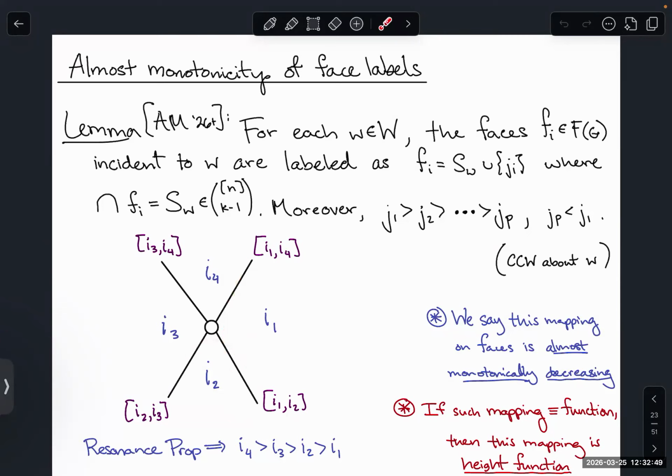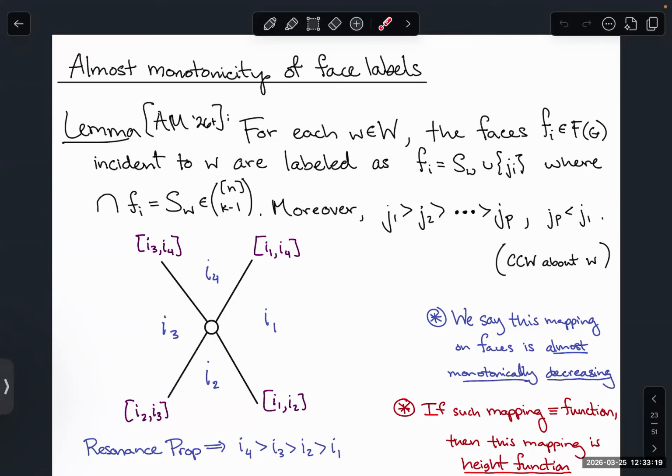So the singletons that are listed on my so-called faces in this local picture correspond to I1, I2, I3, and I4. And the resonance property says I4 has to be the greatest of these. And then as we traverse counterclockwise, we get exactly the ordering that we're hoping for.